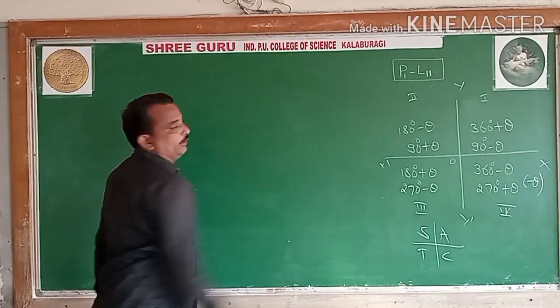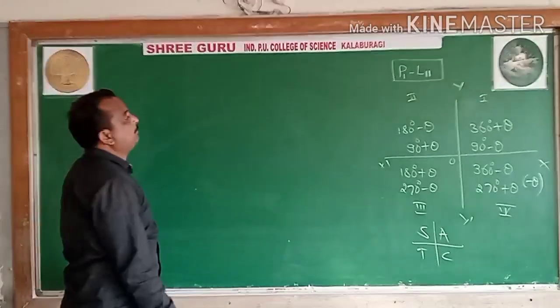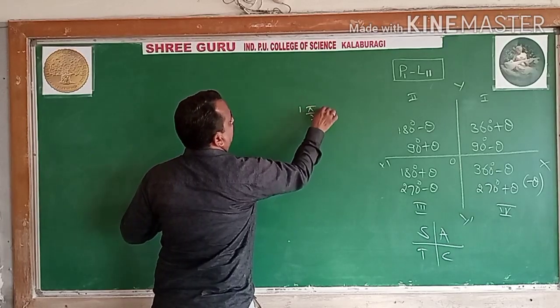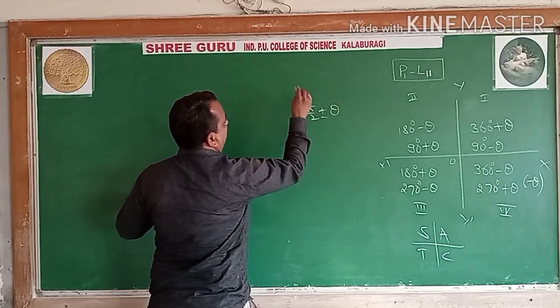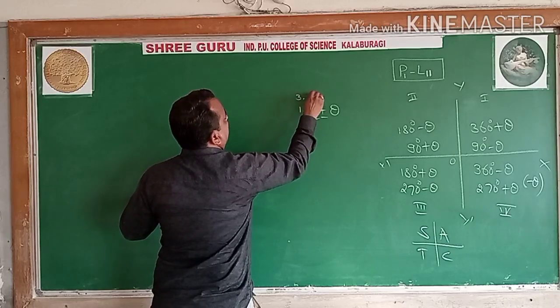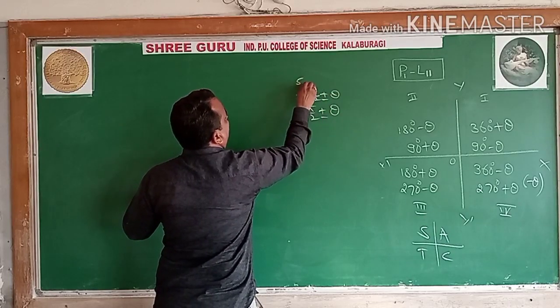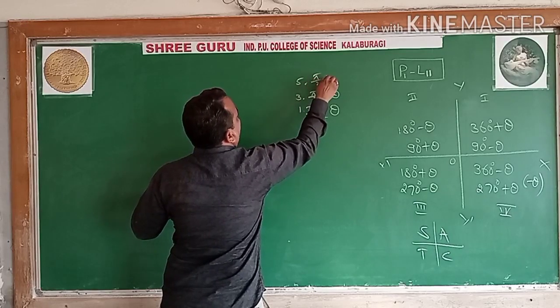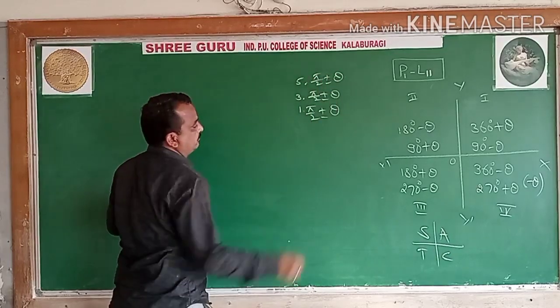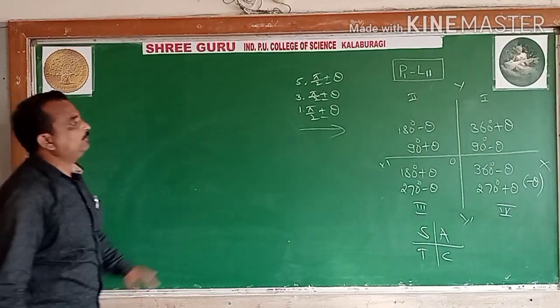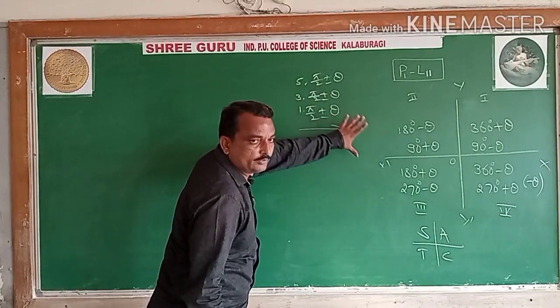When you are writing odd multiples of pi by 2, that is 1 pi by 2 plus or minus theta, 3 times pi by 2 plus or minus theta, and 5 times pi by 2 plus or minus theta, when you are converting angles of this type, the trigonometric functions change.